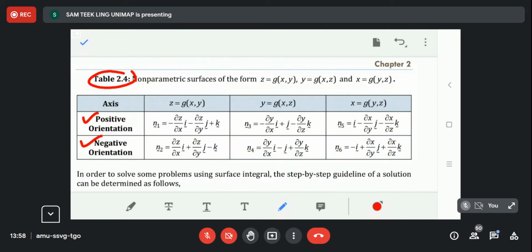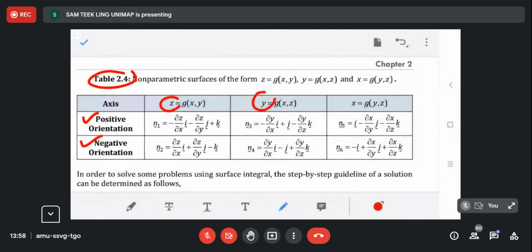Then you can check Z, Y, or X, based on which axis you refer to.